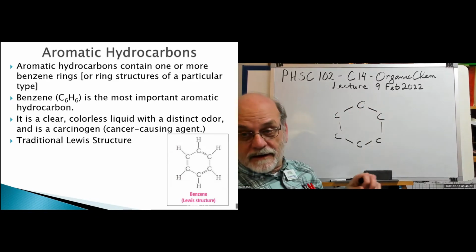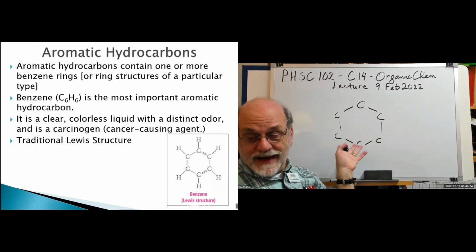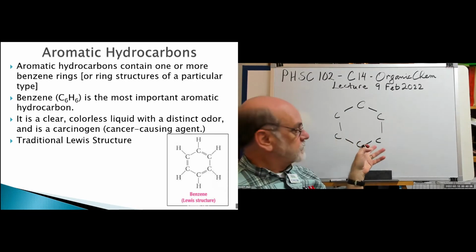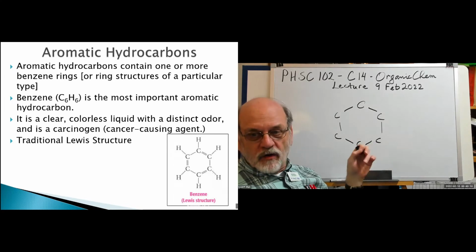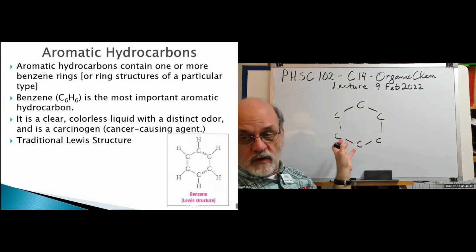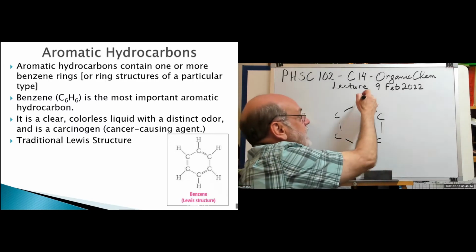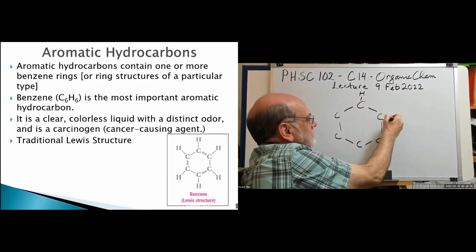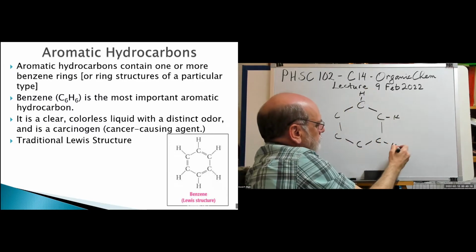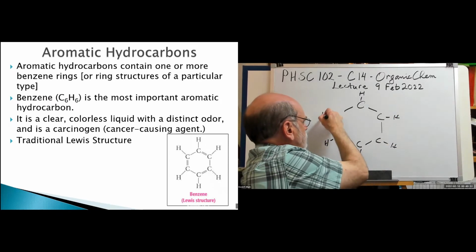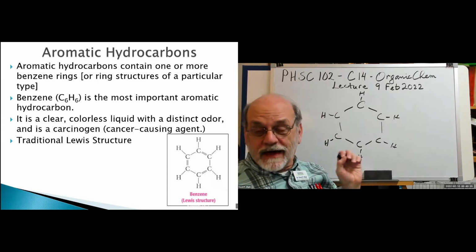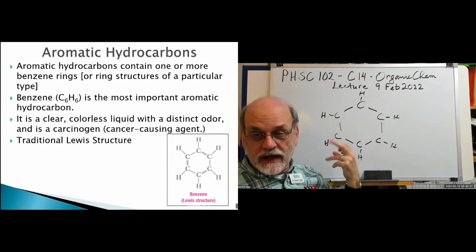Right? Now, as written like that, that's not good enough because there are only 2 bonds each, right? Okay. So what if we put hydrogens on each one of them? Right? We could do that. Okay. Now they have 3 bonds each, and the hydrogens only have 1, which is fine.